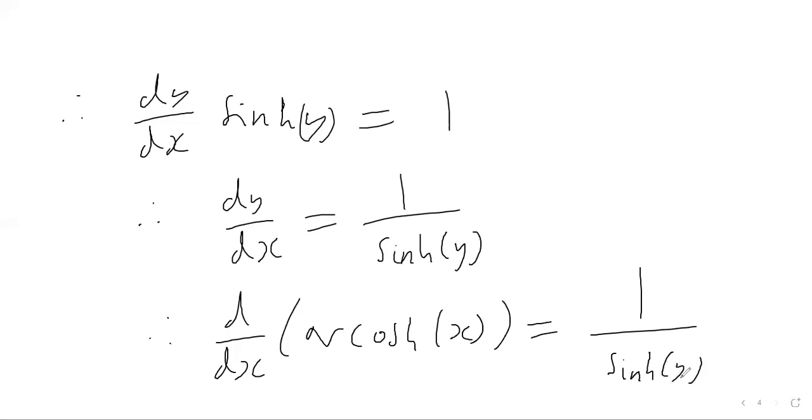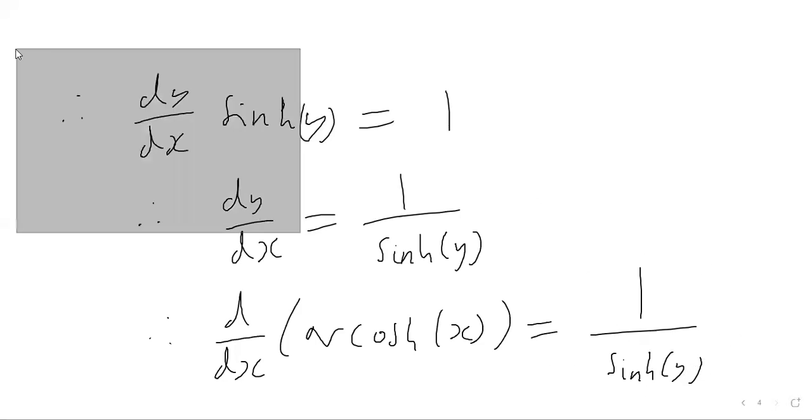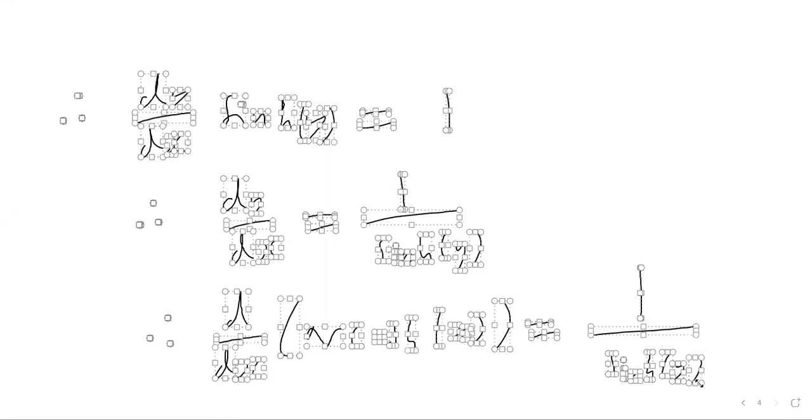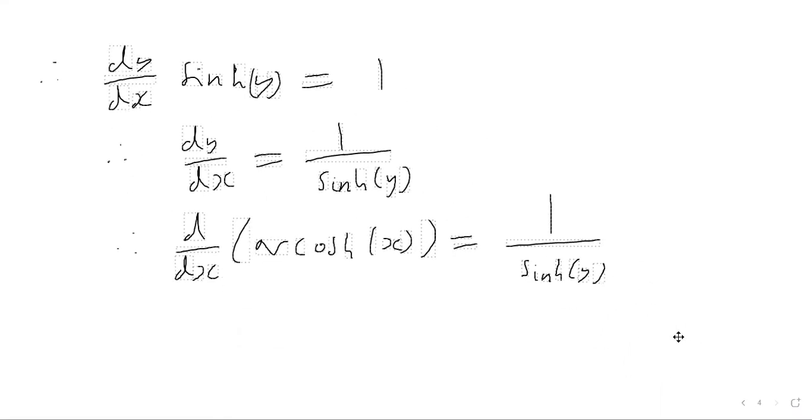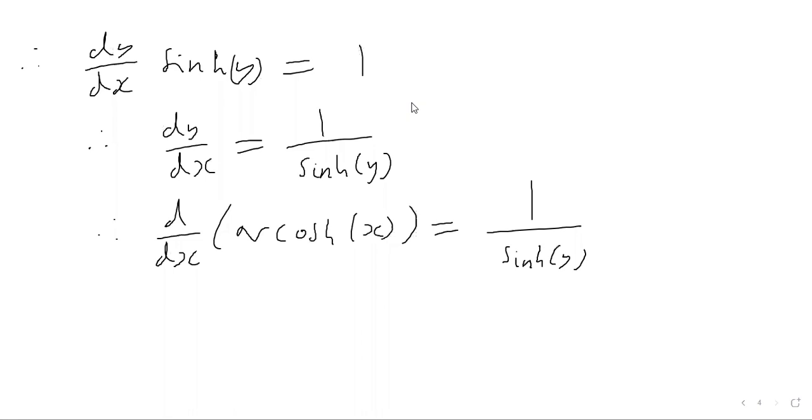However, of course, you've got this y variable on the right-hand side, which we need to eliminate. Again, the key with this is that we're going to need a trig identity. Similarly to when we differentiated arsinh, we'll need this hyperbolic trig identity, cosh squared y subtract sinh squared y equals the number 1. So rearrange to make sinh the subject of the formula.